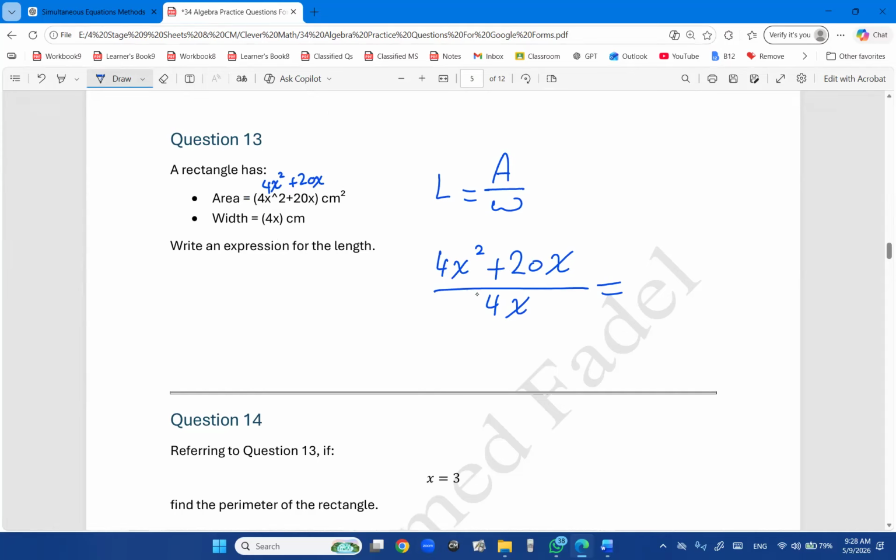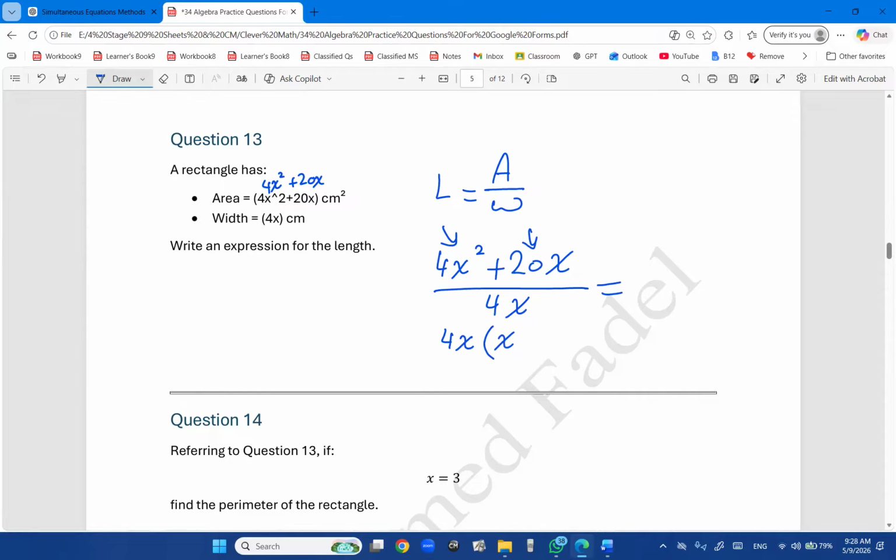You can simplify by dividing both of them by 4x, accepted, but at the same time, you can simplify by factorizing, which is what's mathematically more accepted. You factorize the numerator first.